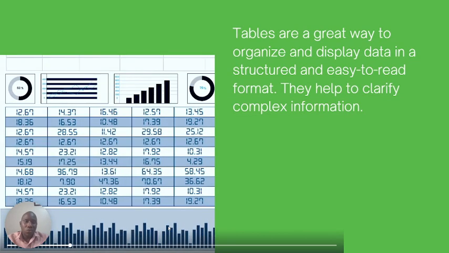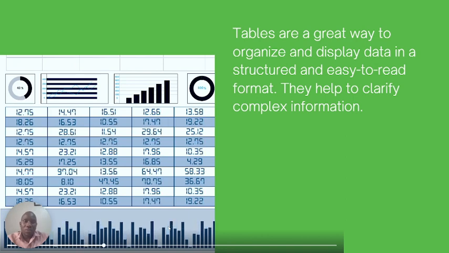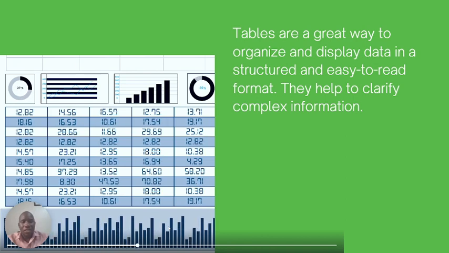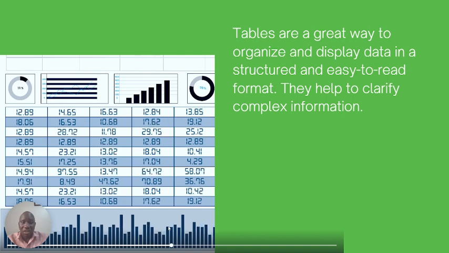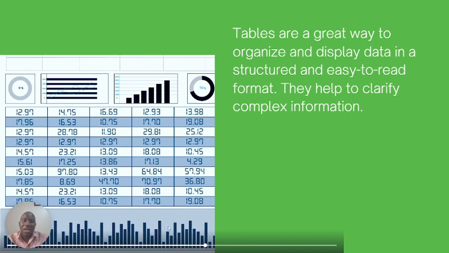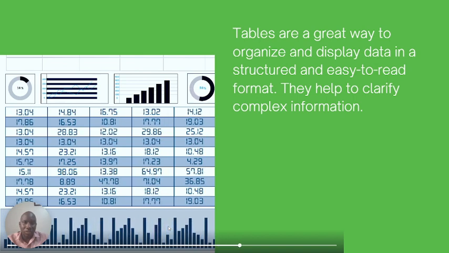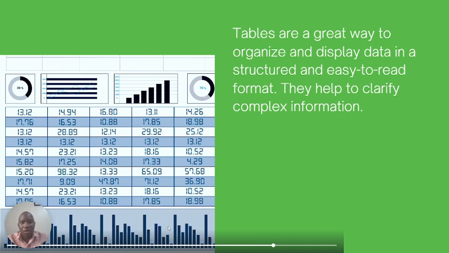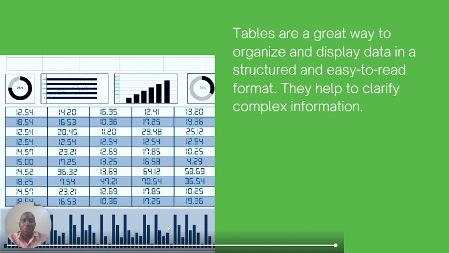So why use tables? Tables provide us with a unique way to organize data, summarize it, and also display it in a way that is very easy for anyone to interpret or to read.